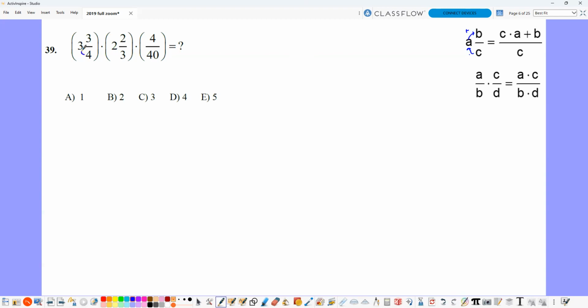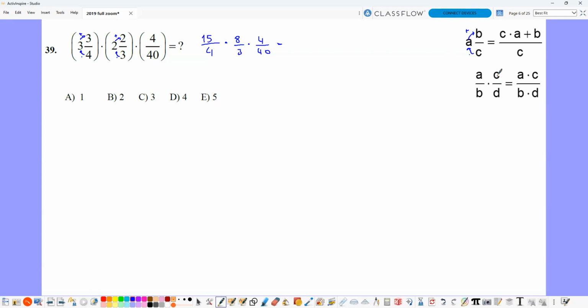So this is going to be equal to 3 times 4, which is 12, plus 3, which is equal to 15. So 15 over 4, it has to be times 2 times 3, which is 6, plus 2, which is equal to 8 over 3. Then 4 over 40 is already a proper fraction. That's why we are going to leave it like this.